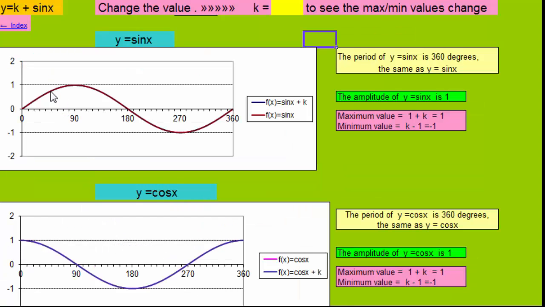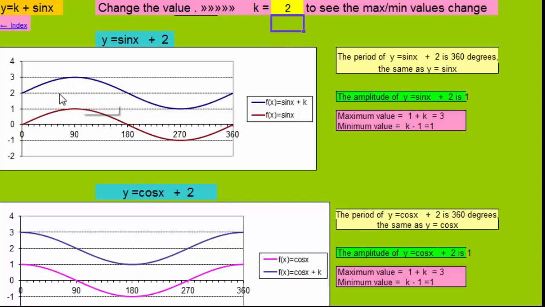So the vertical shift is you have the wave, it keeps the same amplitude, but it just gets moved vertically. Okay, so right now it's k plus sine x, or you could say sine x plus k, but if I said that's 2, watch this wave shift up, so it basically is at 2, right?